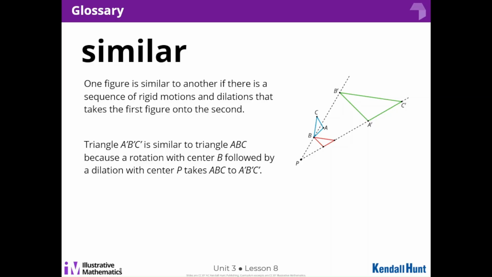So we're starting with the small blue triangle. We are rotating around point B to create the small red triangle, and then we are dilating with center P to turn the small red triangle into the large green triangle. Because we can do this with nothing other than rigid motions and dilations, the two triangles are similar. Not congruent, but similar.